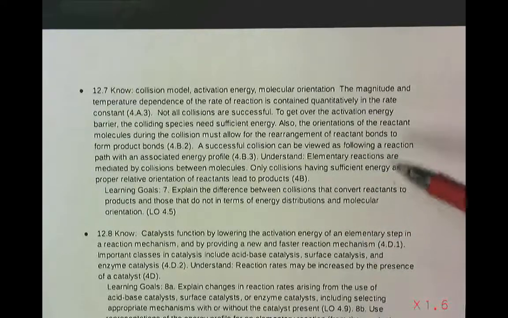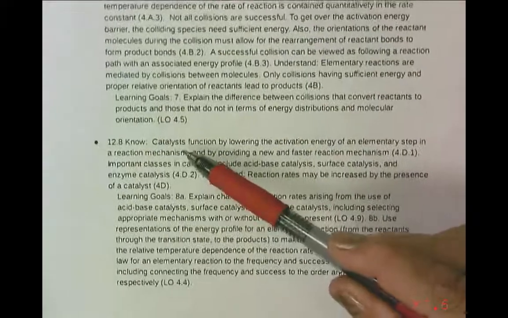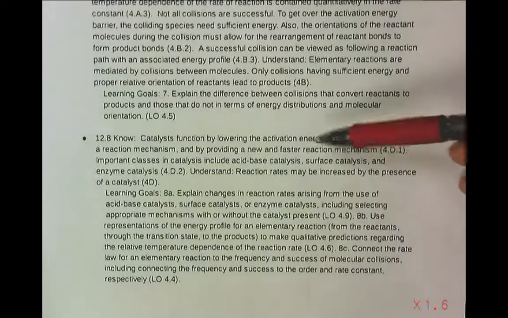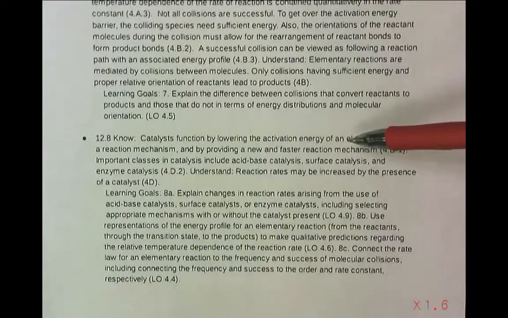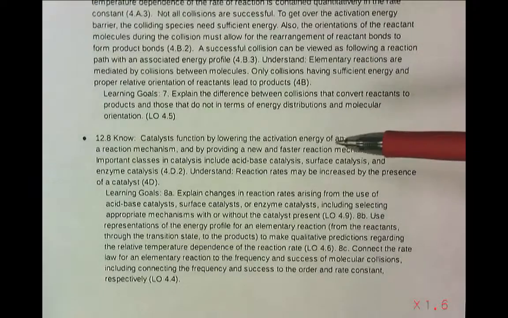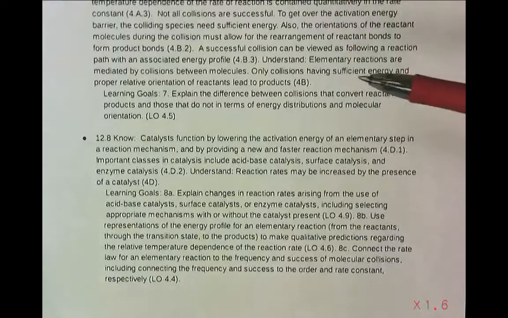Lastly, you want to understand the idea of a catalyst and how a catalyst speeds up a chemical reaction by lowering the activation energy of the elementary step. And remember, the rate law is written from the elementary step as well as provided experimentally.